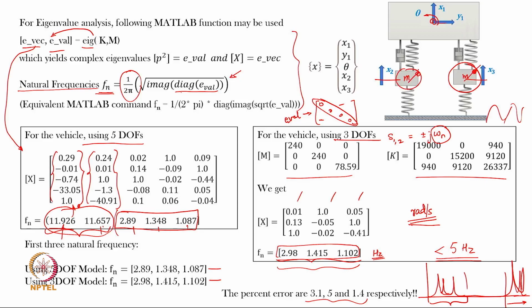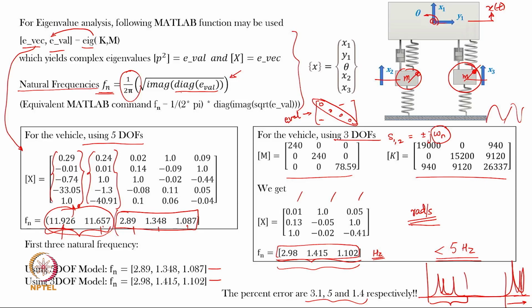So, when unbalance is there in the wheels, you would like to know what is the allowable unbalance that I can tolerate, which generates sizable response in the chassis, okay. So, then if I am interested in analyzing the response to wheel unbalance, then maybe wheel mass can be included.